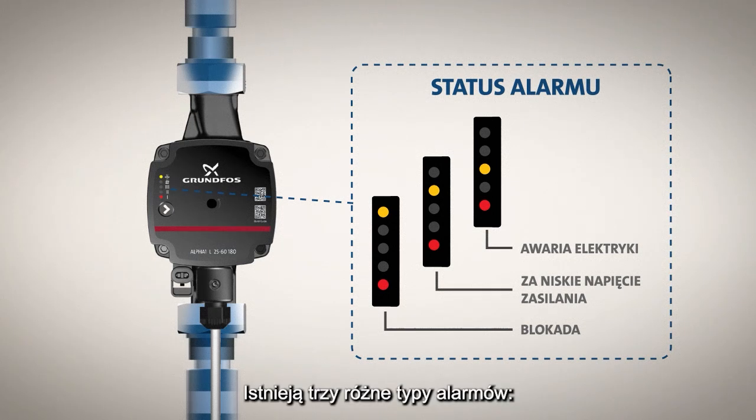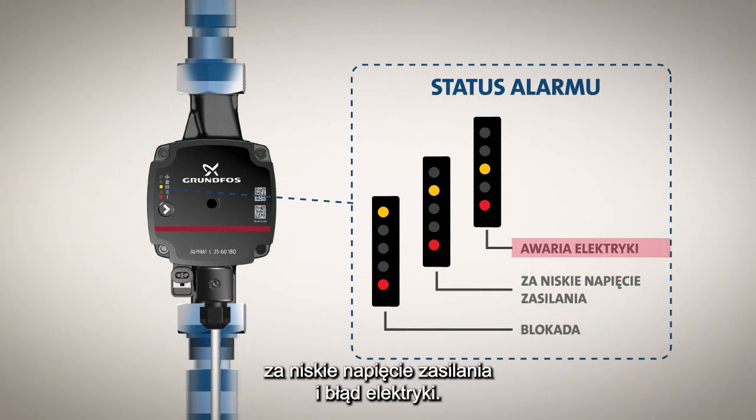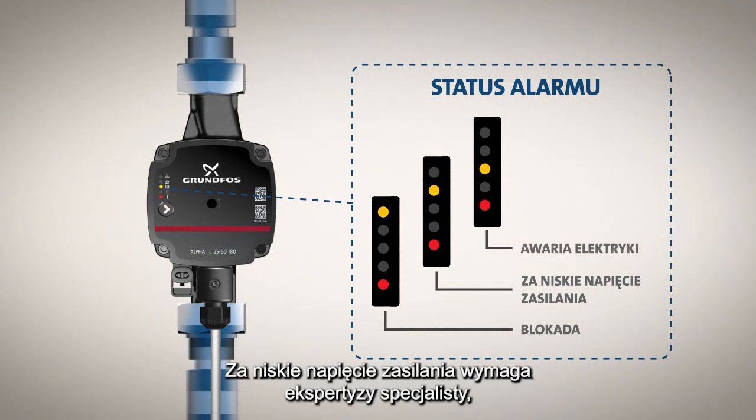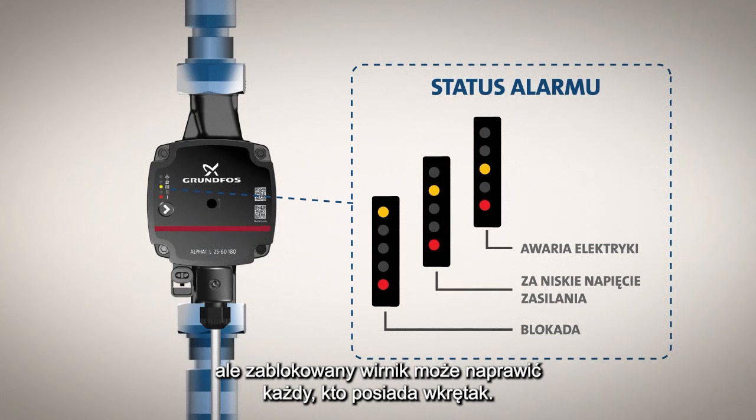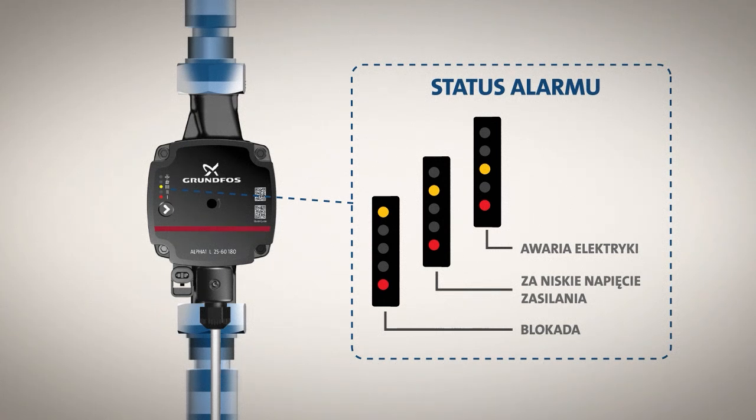There are 3 different alarm types: blocked rotor, low supply voltage and electrical error. A low supply voltage requires the expertise of a technician, but the blocked rotor can be solved by anybody who owns a screwdriver. If the rotor is blocked, the diodes at each end of the interface light up.